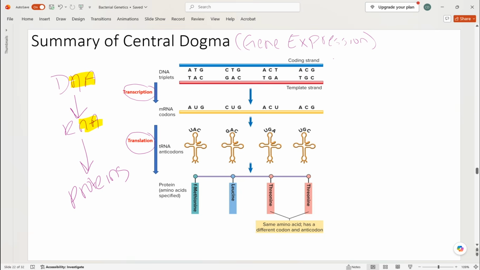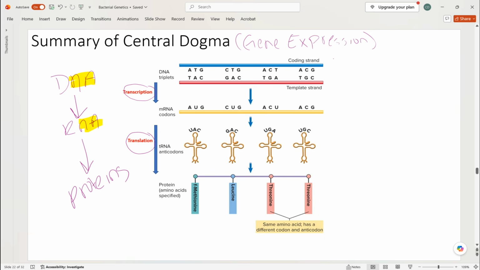And so if you recall from the transcription video, DNA is made up of nucleotides that include a phosphate, a sugar, deoxyribose, and then one of four nitrogenous bases: adenine, thymine, cytosine, and guanine. RNA is also a nucleic acid, so it's also made up of nucleotides, but they look a little different.